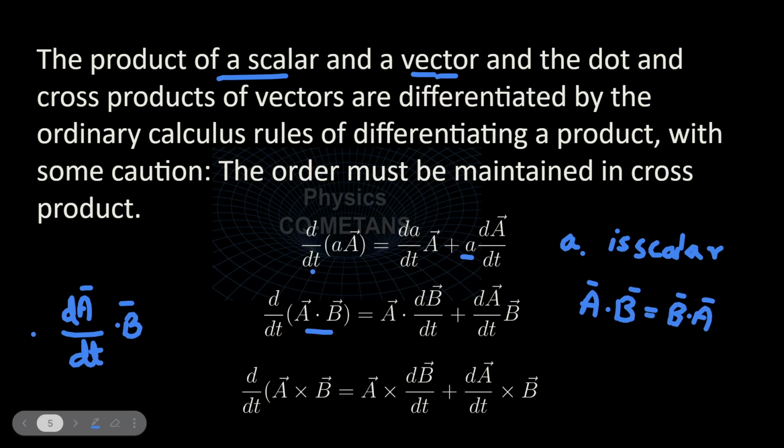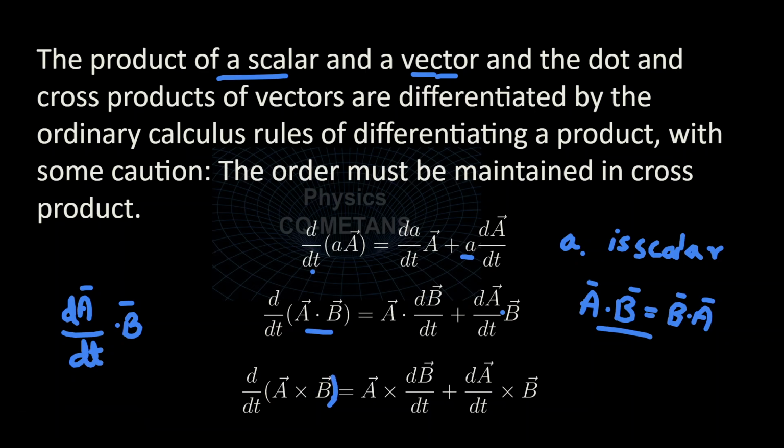Otherwise, if I write B dotted with dA by dt, that is also fine. Over here we are writing A dotted with dB by dt plus dA by dt dotted with B. If I had written it the other way, like dB by dt dot A, that would also be fine because it obeys the commutation relation.